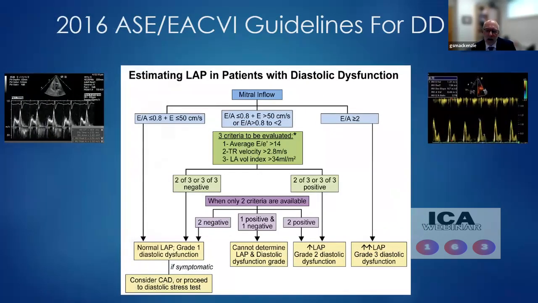Now, this second algorithm estimates the degree of diastolic dysfunction in 2 patient populations. Now, remember, if you have a reduced ejection fraction, you have abnormal diastolic function. This algorithm also includes those patients who have a normal ejection fraction, but they have signs of heart disease.